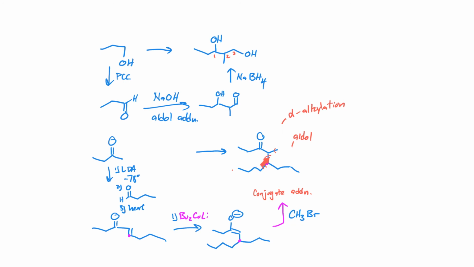But essentially we're creating this CC bond via an aldol addition or aldol condensation. And then we have the ability to add other carbons to that alpha position as well via alpha alkylation. And say we could add these parts separately, one of them in an aldol condensation, the other one in a Michael addition. So we should start to learn to recognize those when we're faced with a synthetic target.